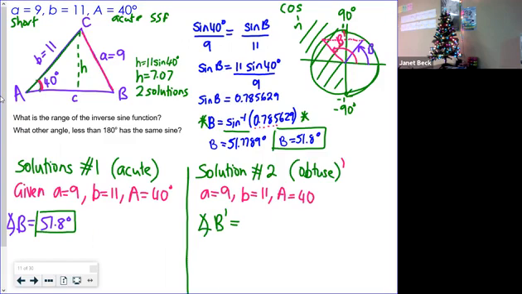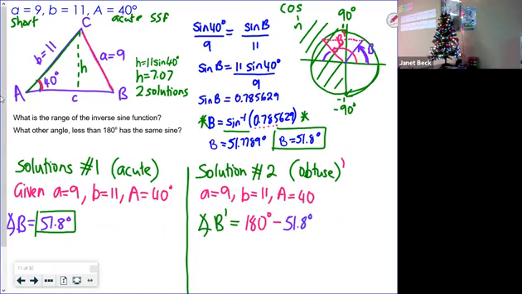Using symmetry, if this part here is 51.8, this part here is 51.8 as well. So my angle B prime is going to be supplementary. It's going to be 180 degrees, subtract my other solution.